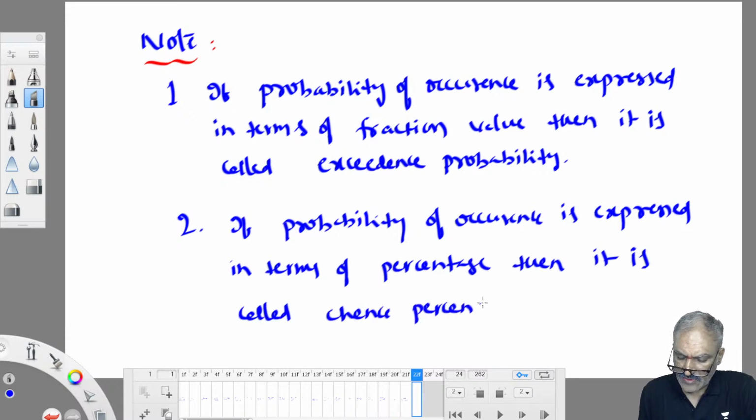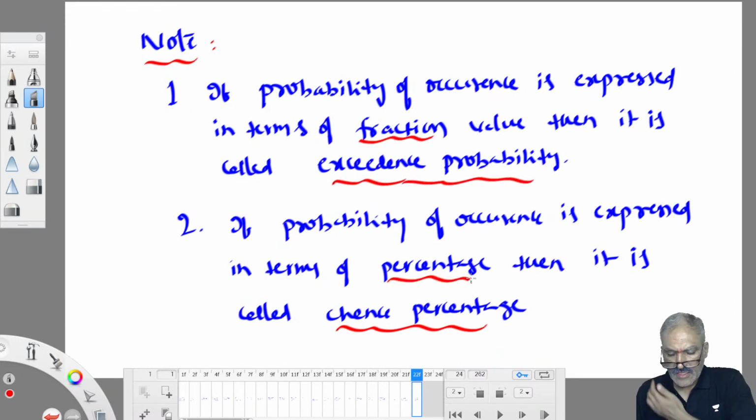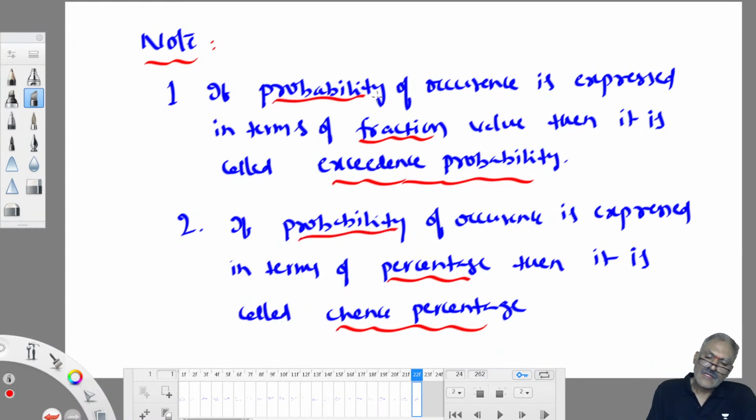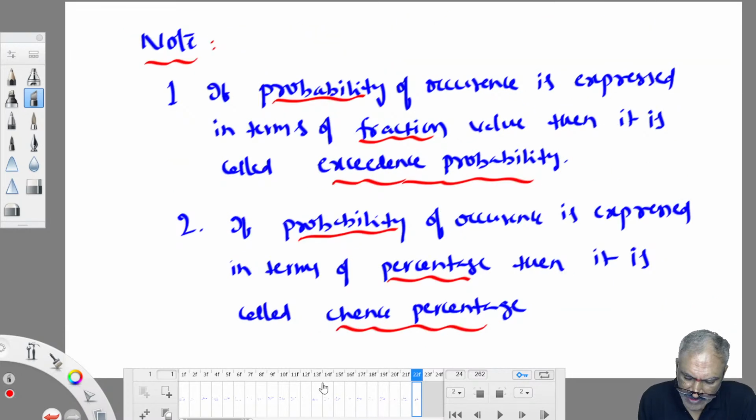So whenever they ask you chance percentage, which is nothing but probability of occurrence only, you have to express in percentage. Exceedance probability means you have to express in fraction. That means finally what I mean to say is probability of occurrence can be expressed either in fraction value or in terms of percentage. But in this question what you have been asked to find out is exceedance probability. That means you have to express in fraction only. That's the meaning.